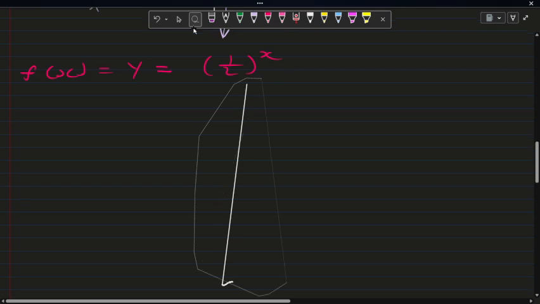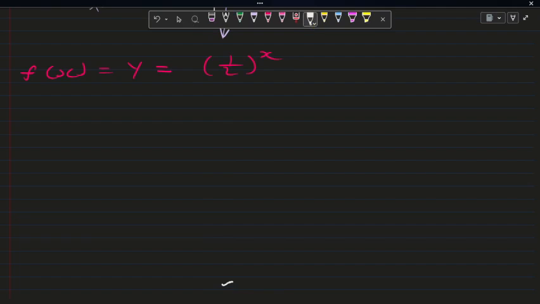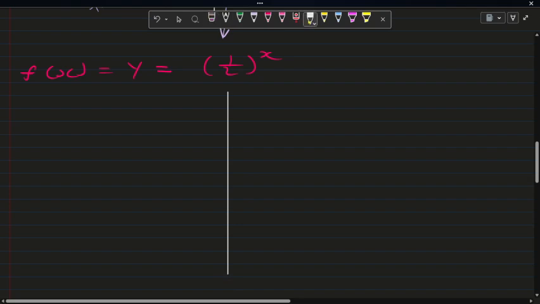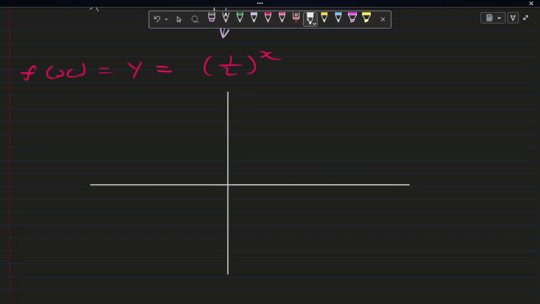The y-intercept of this graph will be at x is equal to 0 and y is equal to 1, so let's place this over there.